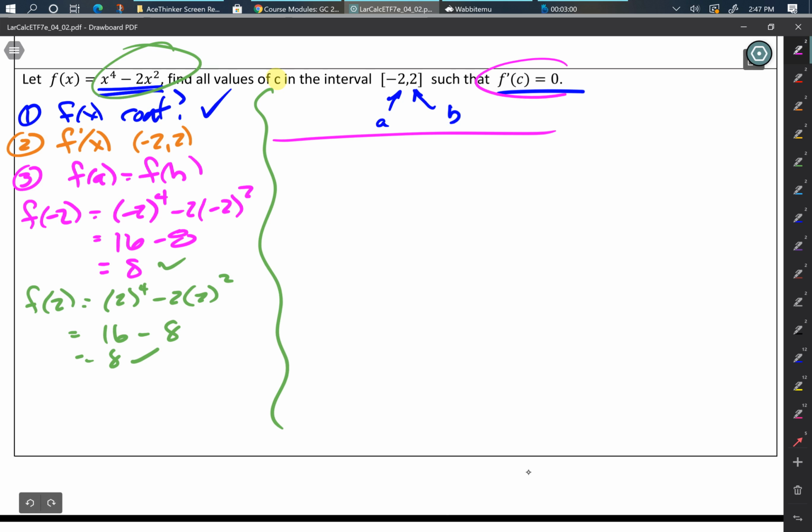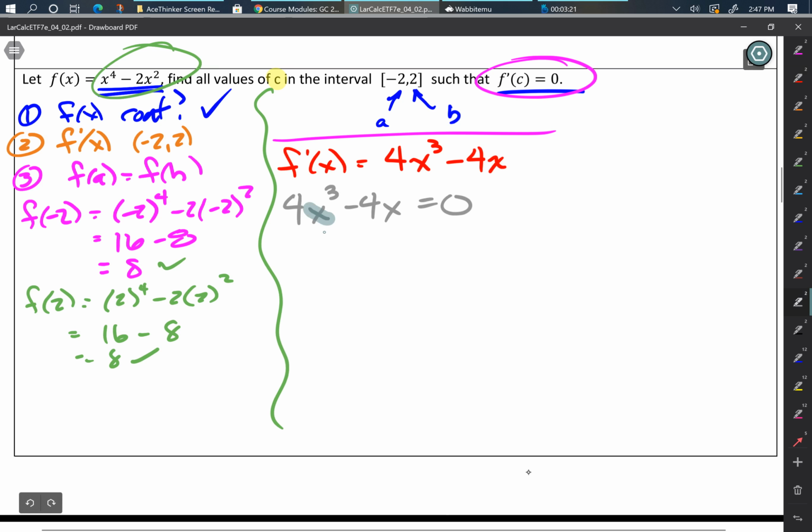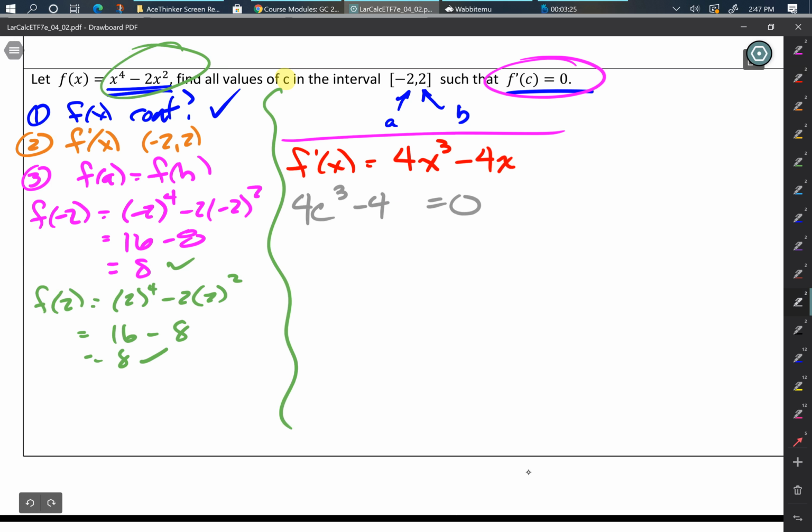All right, but in order to do this, the first thing I need is my derivative. So what will f prime of x look like? I believe it's going to be 4x cubed minus 4x. Then I will take that derivative, set it equal to 0, and force this to happen. Now, you will sometimes see people replace these x's with c's because we're trying to find c where f prime of c is equal to 0.